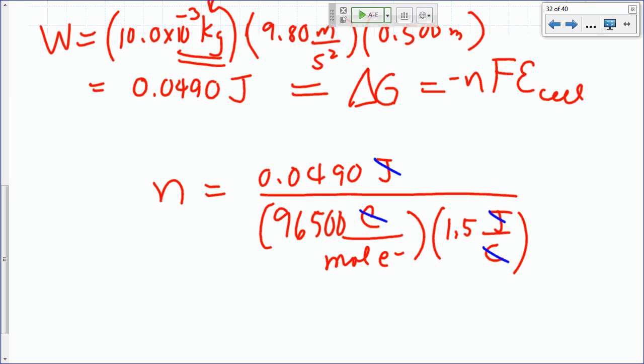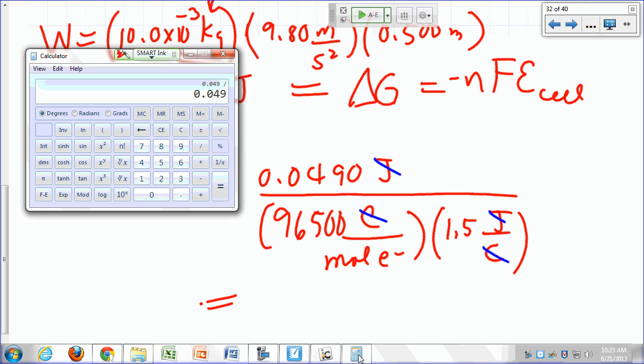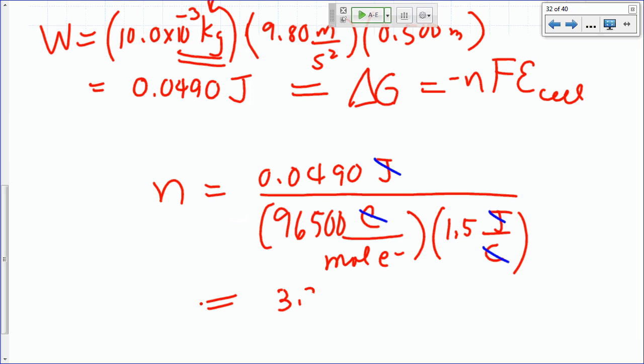So what would that be? 0.049 divided by 96,500 divided by 1.5, and you have 3.385 times 10 to the negative 7 moles of electrons.